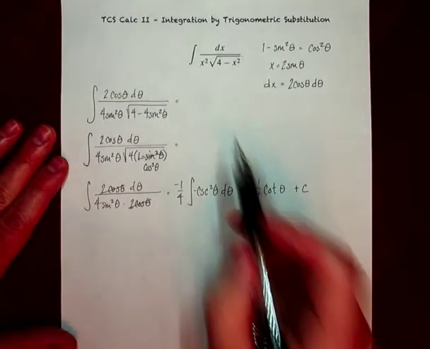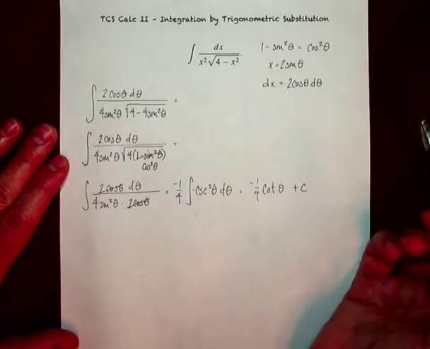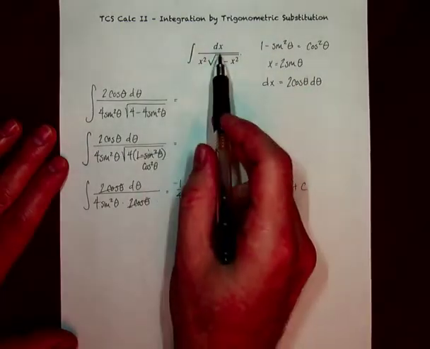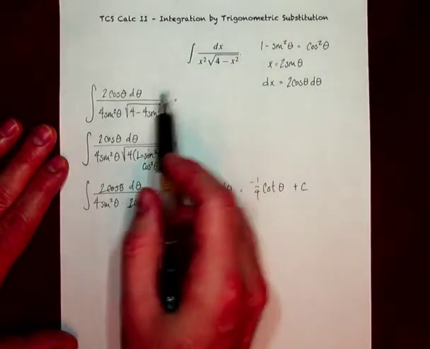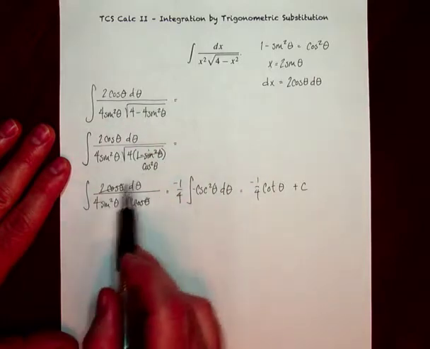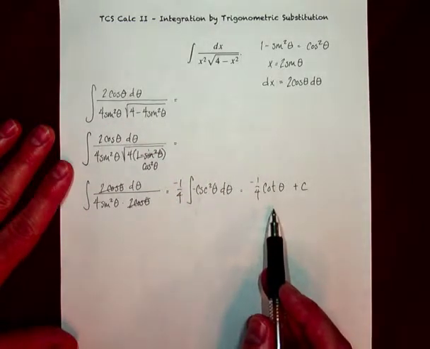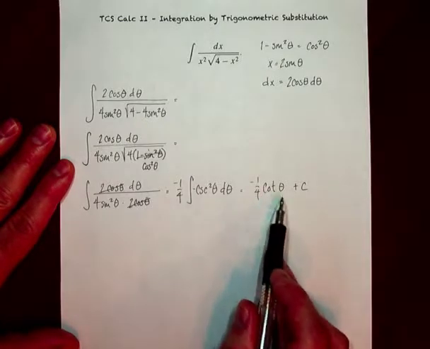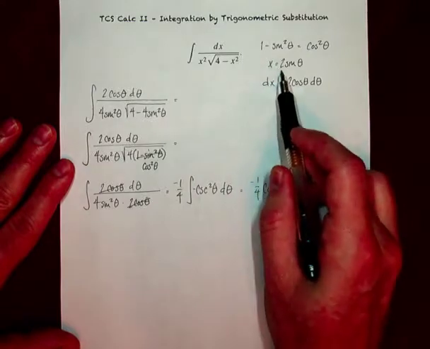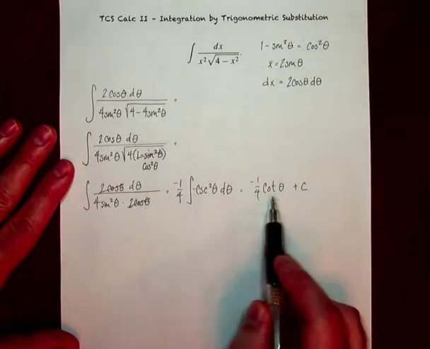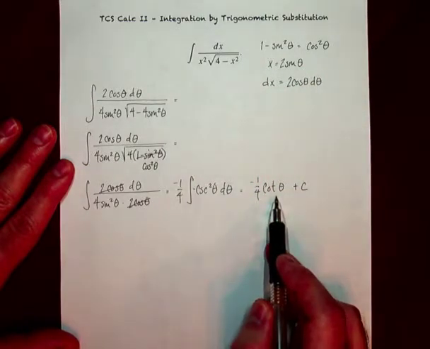We've actually taken trigonometry, introduced it, substituted it in for the x, used the trigonometric identities and the trigonometric antiderivative rules that we know, and we have arrived at cotangent theta. Well, the question is, if x is equal to 2 sine theta, how do I get cotangent theta back into x?